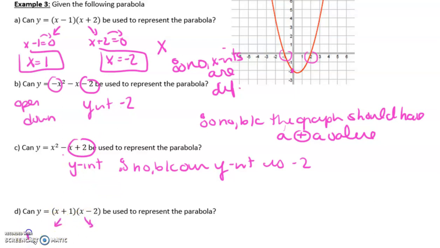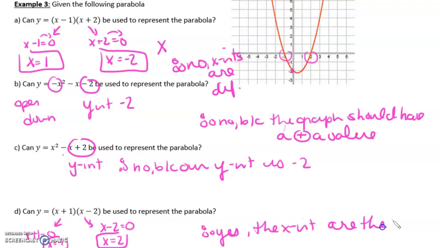So let's branch off the x plus 1 equals 0, and we get x equals -1. And x minus 2 equals 0, so we get x equals 2. Going back up to the graph, that's correct. So therefore, yes, the x-intercepts are the same.